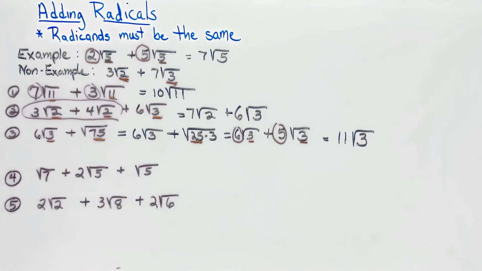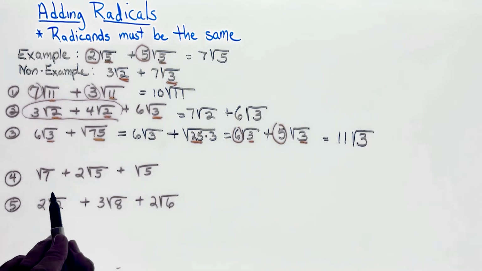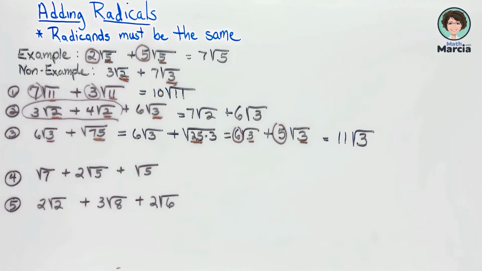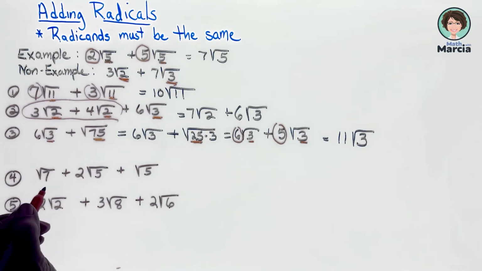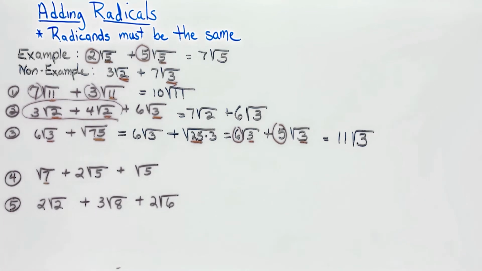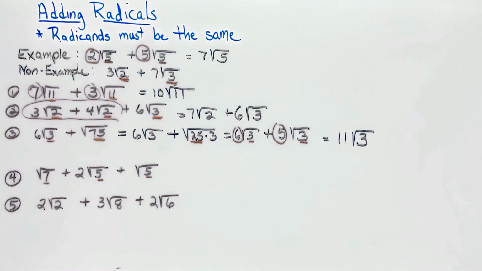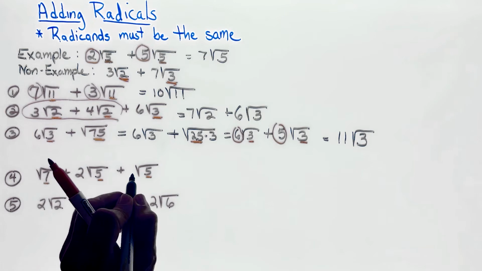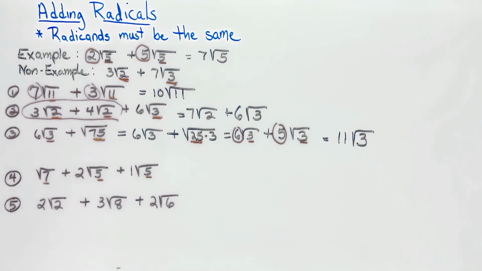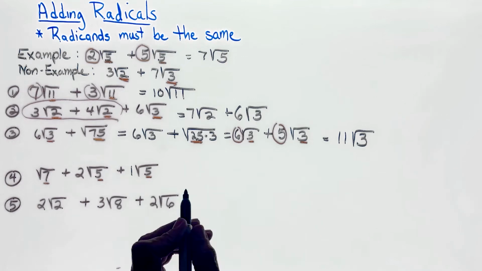Let's check out number 4. So the square root of 7 plus 2 square roots of 5 plus a square root of 5. I notice that this one is different, so I am not going to be able to add it to the other ones. But the square roots of 5 have the same radicands, therefore I'm going to add them, and notice I'm putting a 1 there because it's understood that that's 1 square root of 5.